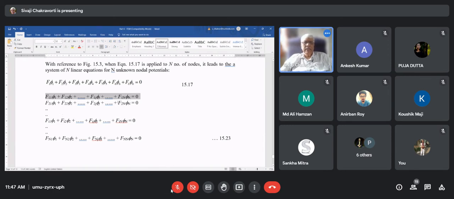So if n is 1000, we'll have 1000 columns. Each column will have phi 1, phi 2 up to phi n, and each column will have a coefficient. But now this is important. When I look at 15.17, which is the specific equation for one particular node, I can find that only 7 node potentials are involved, because hexagonal connectivity is like that.